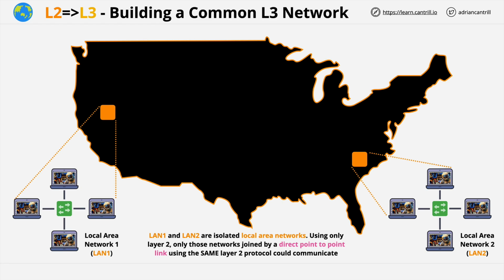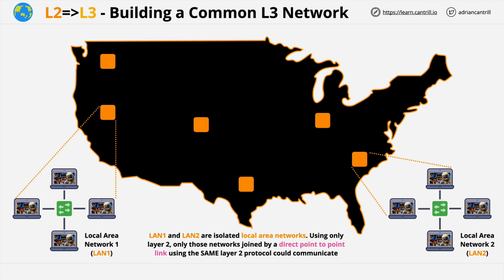Now, not everything uses the same layer 2 protocol. This presents challenges because you can't simply join 2 layer 2 networks together which use different layer 2 protocols and have them work out of the box. With the example which is on screen now, imagine if we had additional locations spread across the continental US.